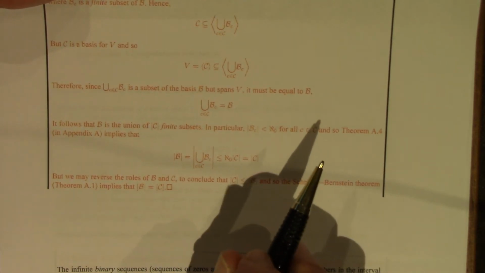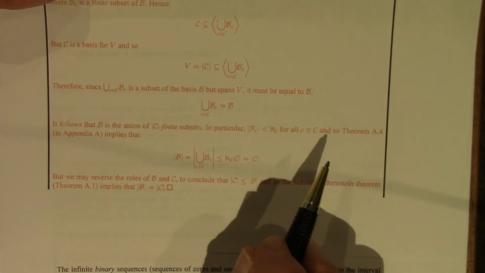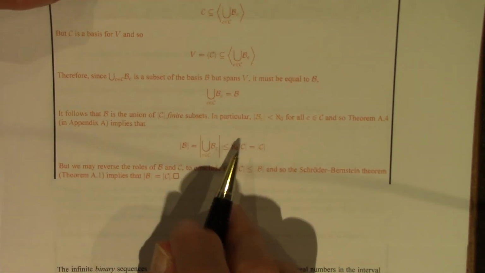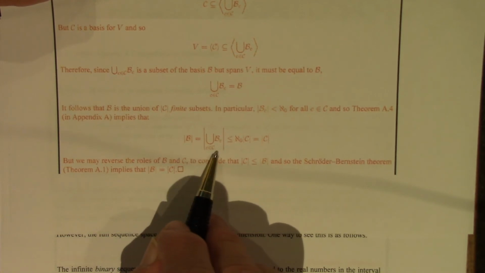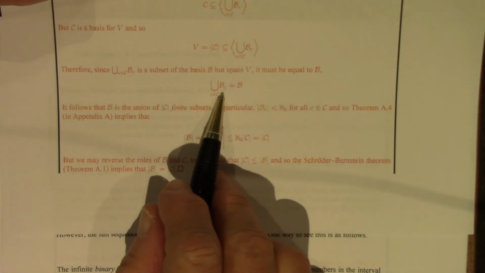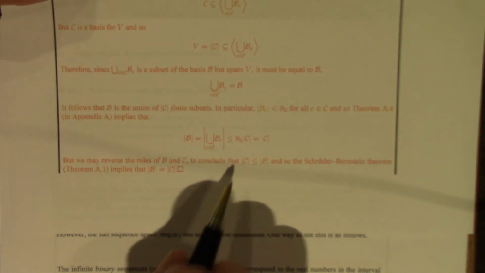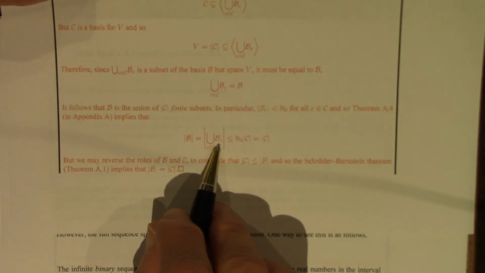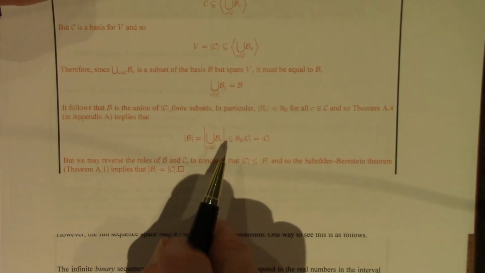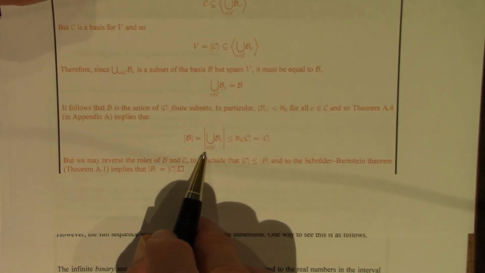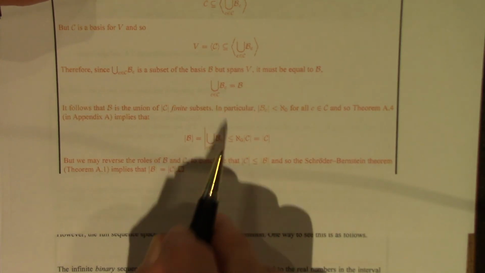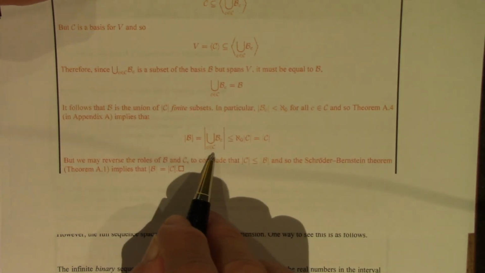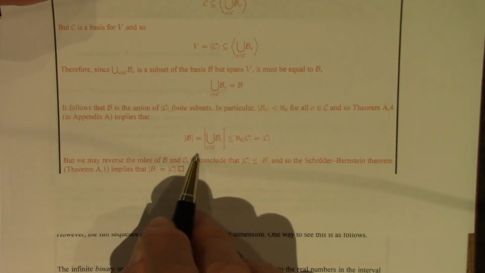And we had a theorem, it's in the appendix, that would tell us then that the size of B is the size of this union. And what we can do is take an upper bound for the size of each set, aleph naught, and multiply by the number of sets in the union, cardinality of C. That will give us an upper bound on this cardinality.